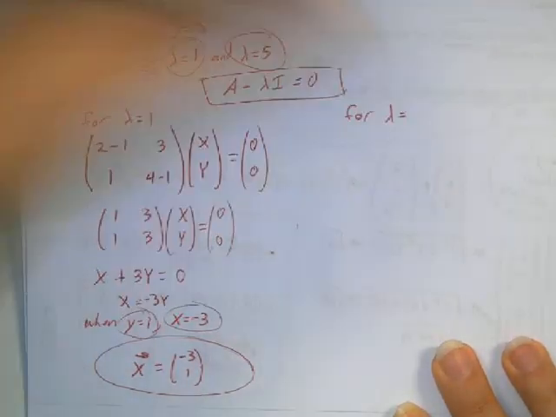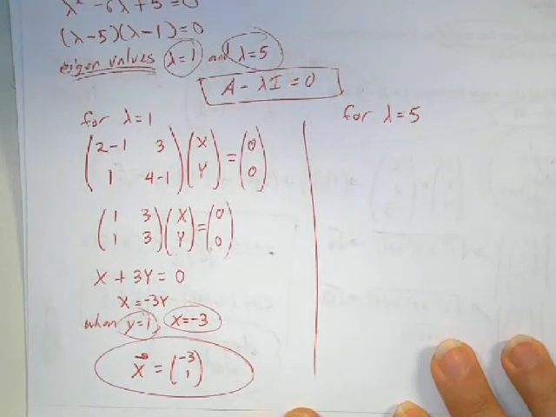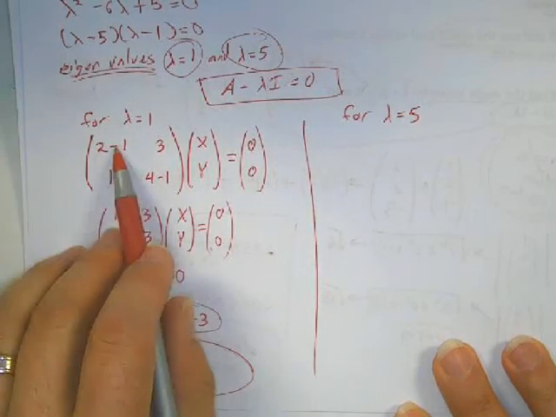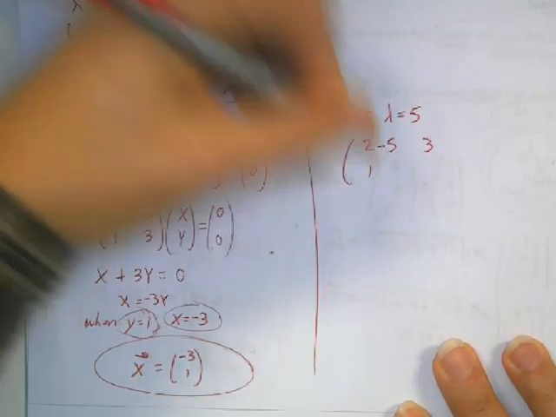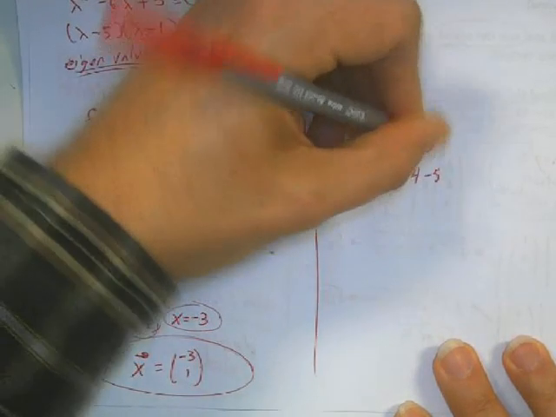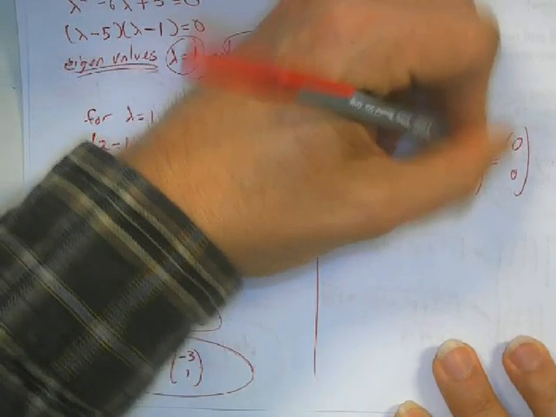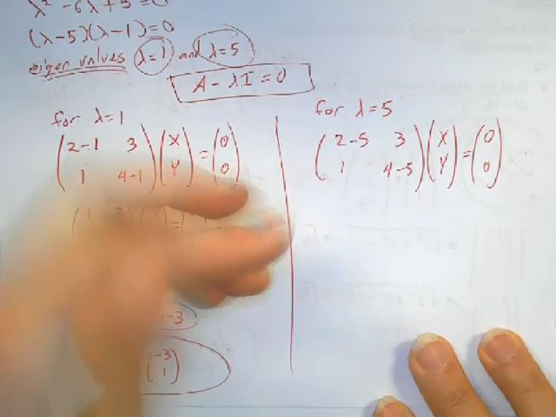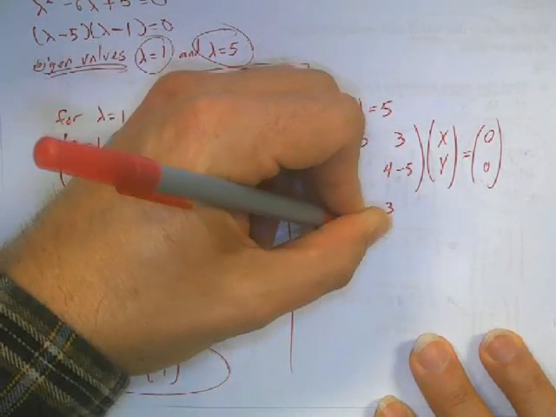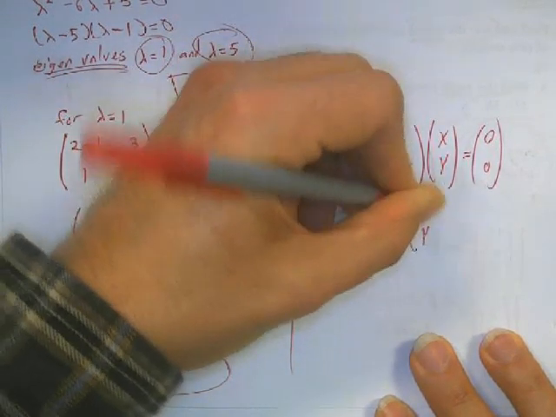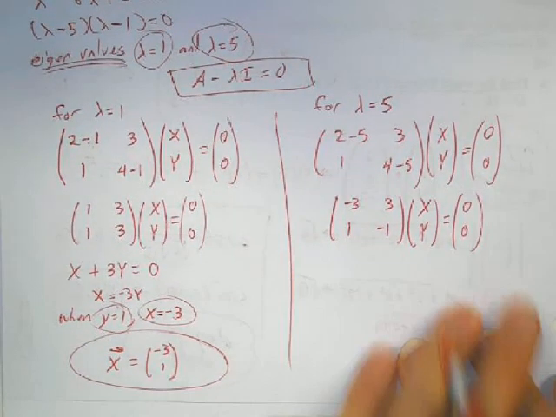All right, now for lambda equals 5. Instead of plugging in 1, we're going to plug in 5 for lambda. So I've got 2 minus 5 and 4 minus 5. That simplifies to negative 3, 3, 1, negative 1. Aren't you glad I gave you so much space for this warm-up?